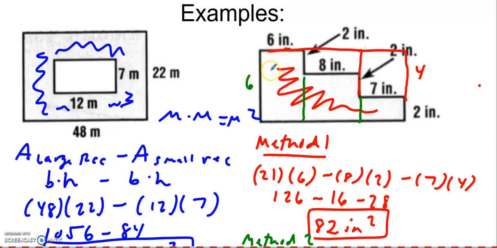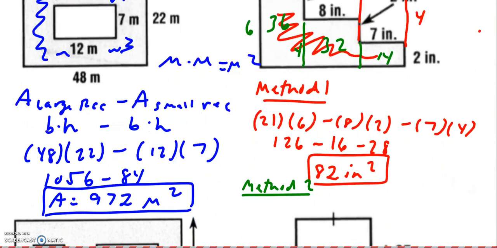So this would be 6 by 6, or 36. This rectangle would be 8 by 4. So this would be 32 inches squared. And this rectangle would be 7 times 2, or 14. So if you added up 36 plus 32 plus 14, you would still get an answer of 82 inches squared.